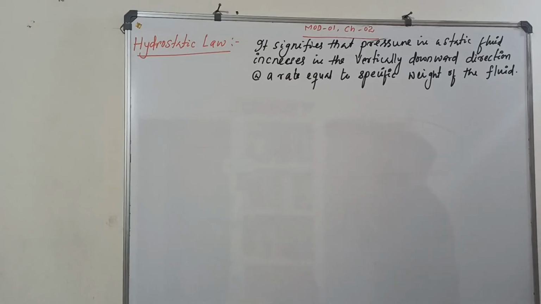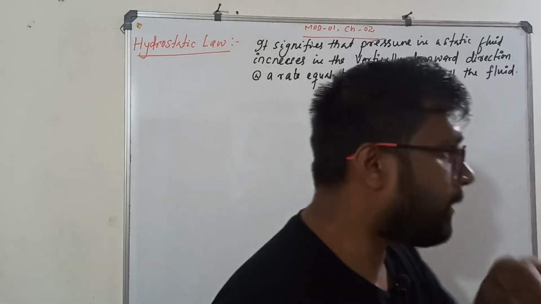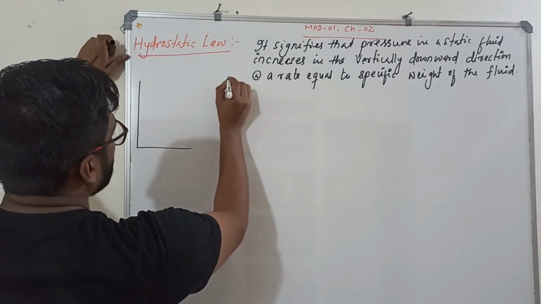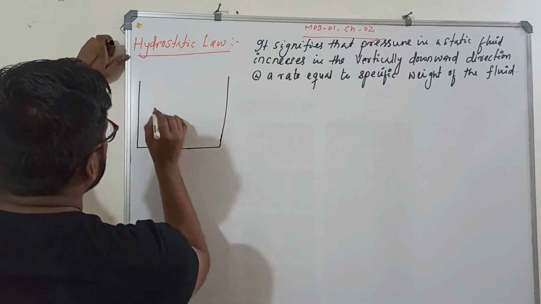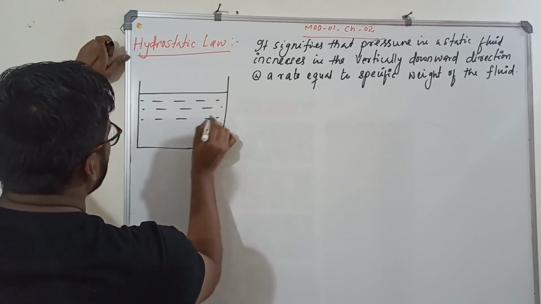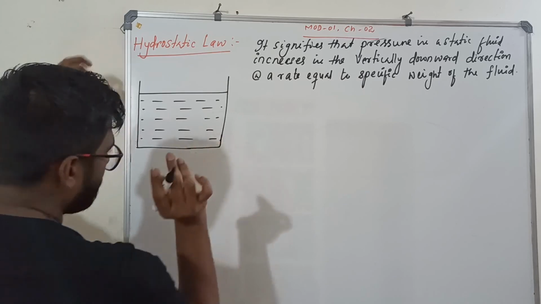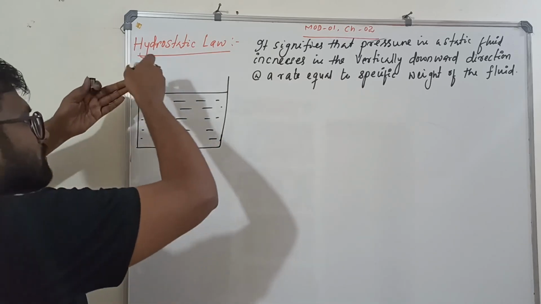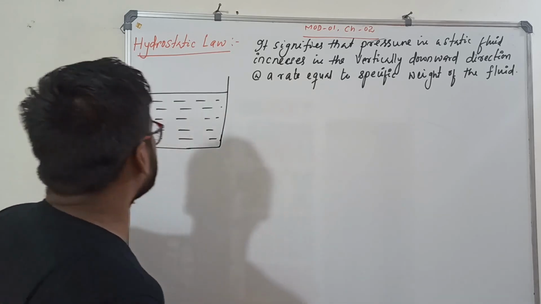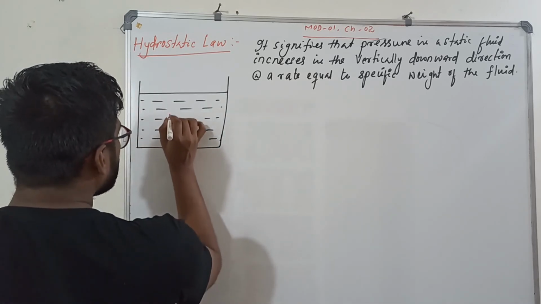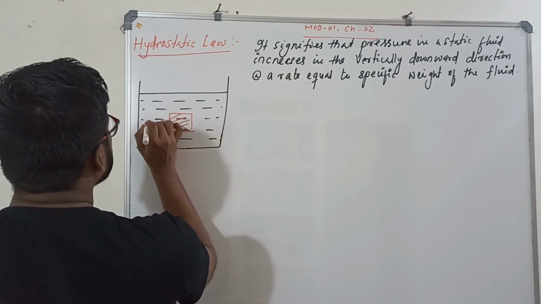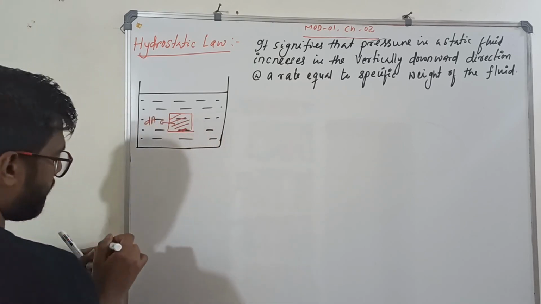So, now let's study the hydrostatic law. First we will consider a beaker or a container which has some fluid in it. Or you can even consider a free surface. Let me take a small area dA.